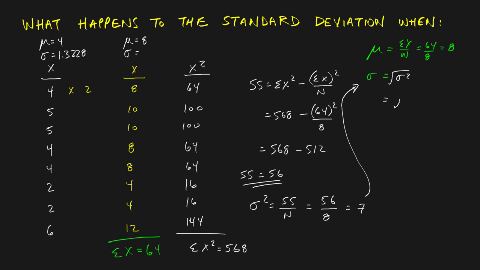And so I need the square root of 7. And it comes out to be 2.6457. Okay, so this is my new standard deviation. Remember, the original one was 1.3228.